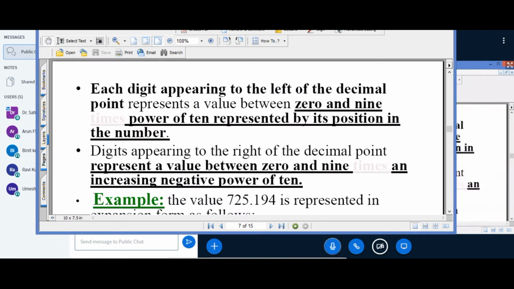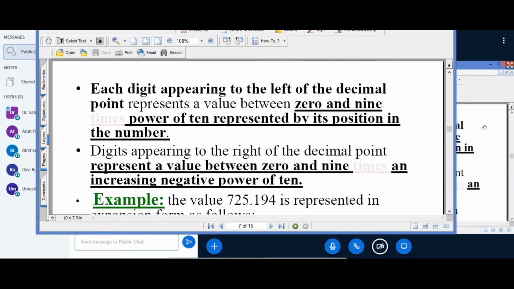So each digit appearing to the left of the decimal point represents a value between 0 and 9. The power of 10 is represented by its position in the number.